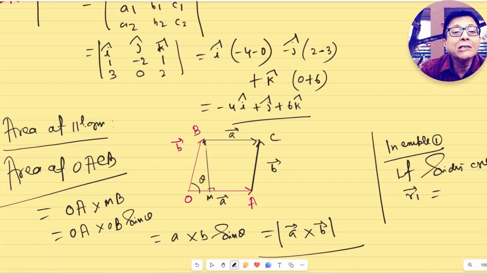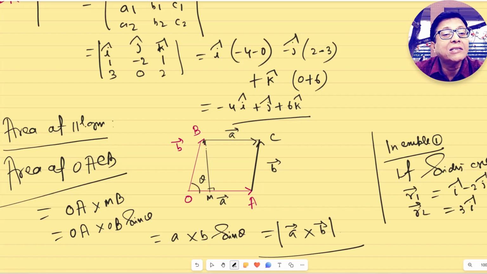Suppose in the previous problem they have given: find the area of the parallelogram whose adjacent sides are this and this. So A cross B is found out.